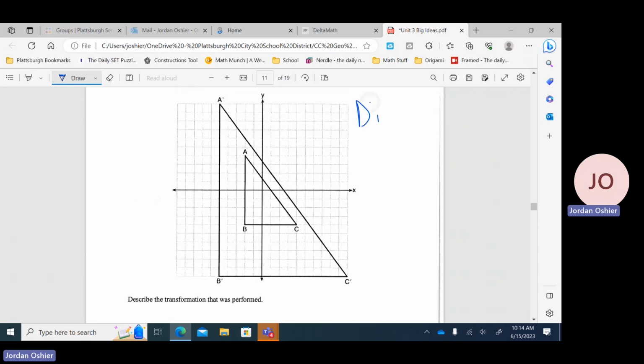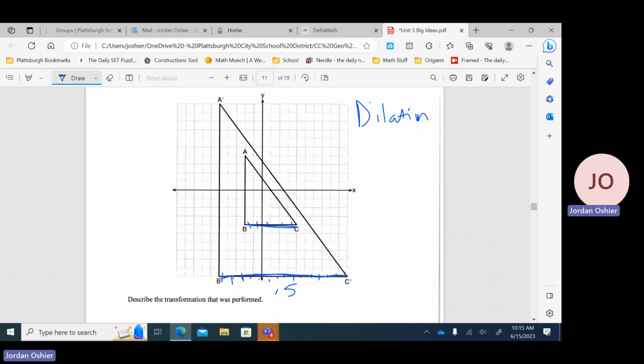So a dilation, you need a center and a scale factor. So remember, scale factor is image over pre-image. That we can get pretty quickly because we have a nice flat side here. So B prime C prime is 1, 2, 3, 4, 5, 6, 7, 8, 9, 10, 11, 12, 13, 14, 15. I'm hoping this is 5. Oh, did I count wrong?